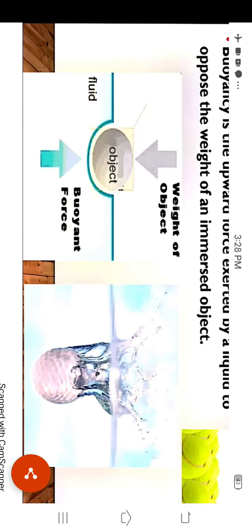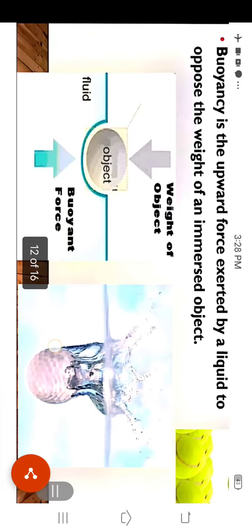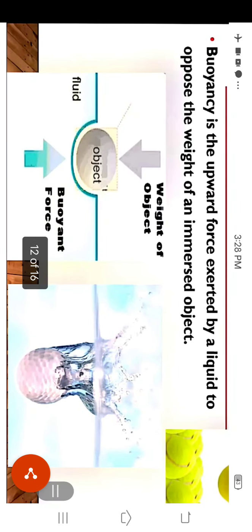The water makes a force that is exerted to the opposite side of the object, that is called the buoyancy force. So the water will force on this object, and that is why the object will float.